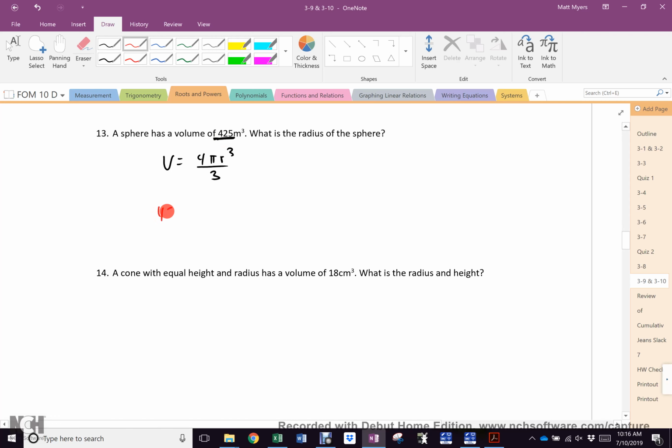Volume. 425 equals 4 pi r cubed over 3. How are you going to get r by itself? You get rid of everything around it. Cancel, cancel. 3. 1,275 equals 4 pi r cubed. How do you get rid of 4 pi?